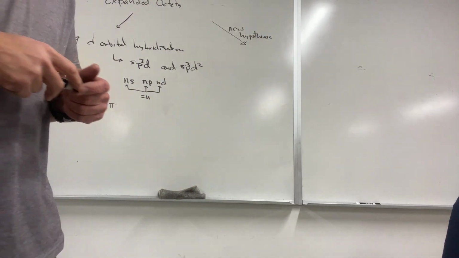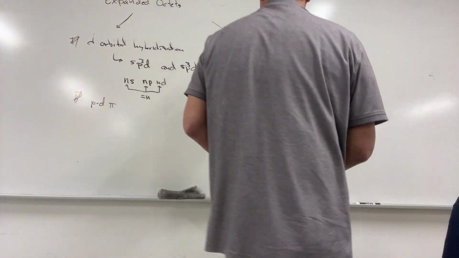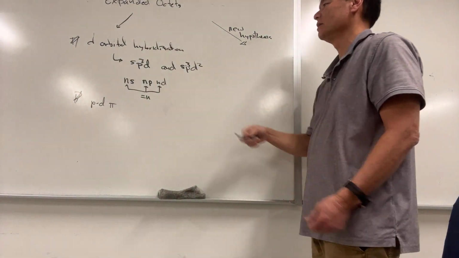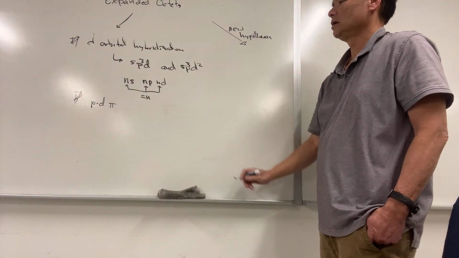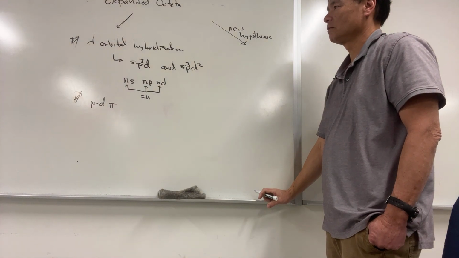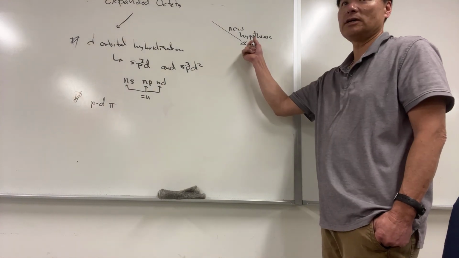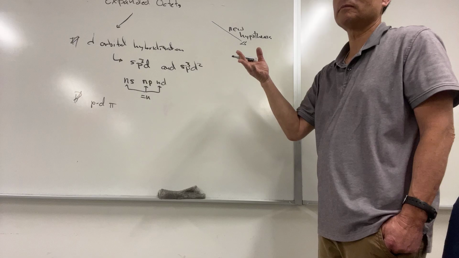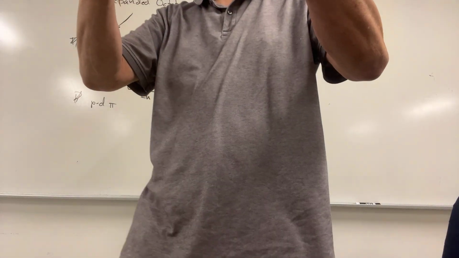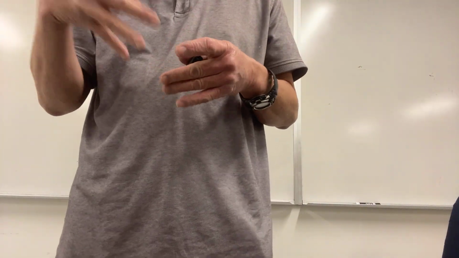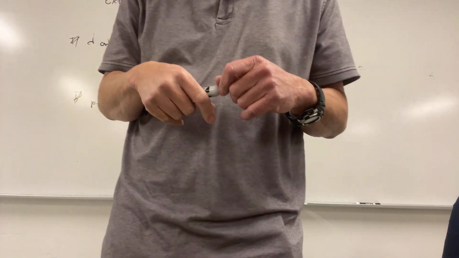This new hypothesis says there's very little d orbital participation based on their calculations. When they do their quantum calculations, they can mix all the orbitals. And it turns out they don't have to mix d orbitals in with their calculation.